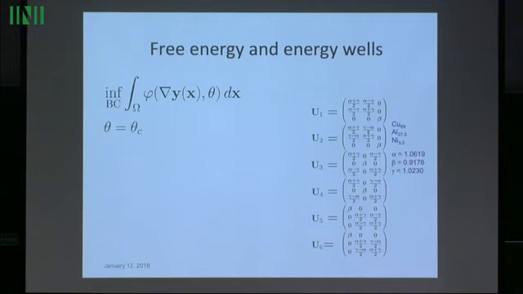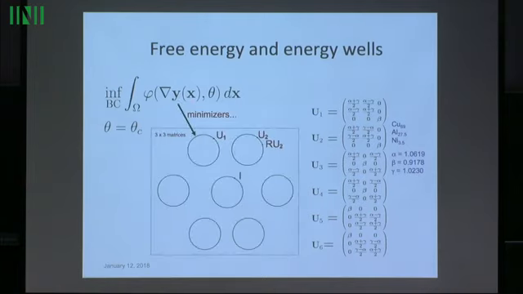And if I put the temperature equal to the transformation temperature, theta c, and I look at the 0 level set of phi, in other words, the minimizers of phi, they are 3 by 3 matrices which minimize phi. In this notation I just made, they look like these circles.